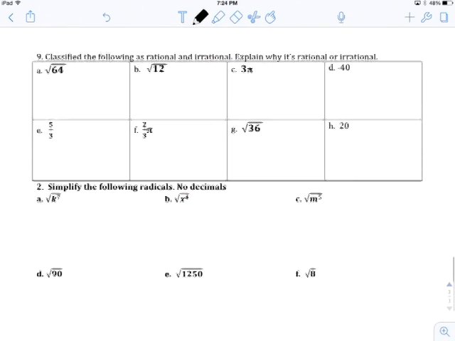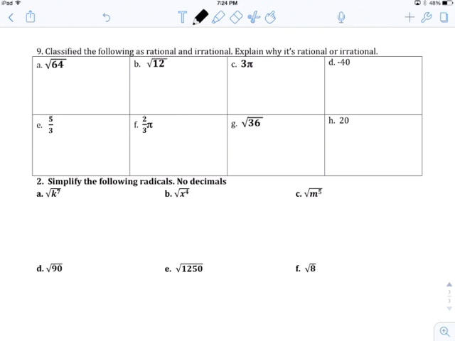These are all review. Make sure these will be on there. Rational, perfect square, 8/1.